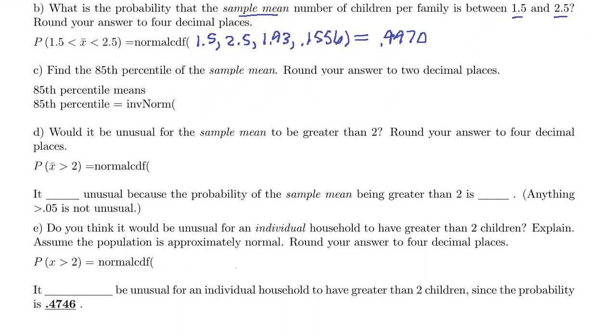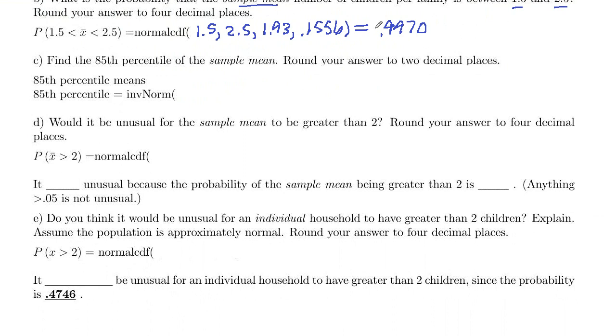Next up, we're finding a percentile here. So remember that a percentile is the value with that percentage below. So the 85th percentile of the sample mean, so the 85th percentile of the x bar values, we want to find that rounding to 2 decimal places.